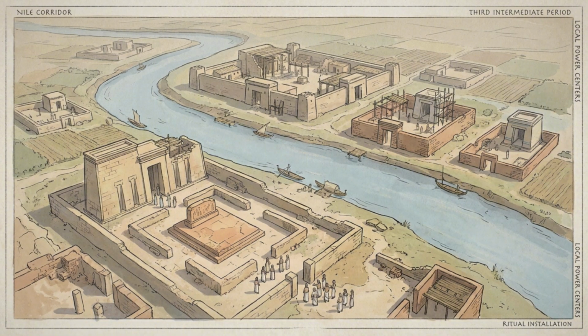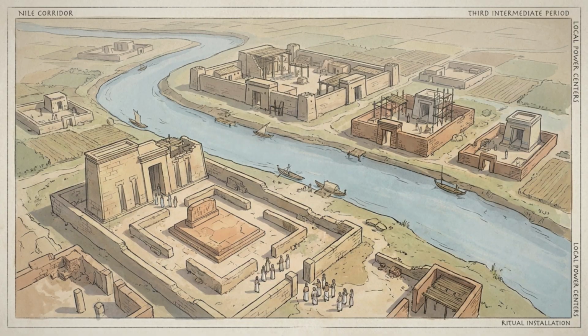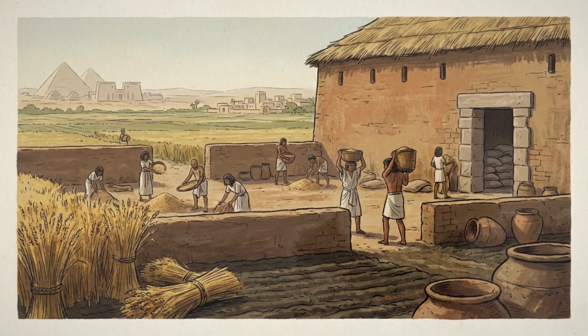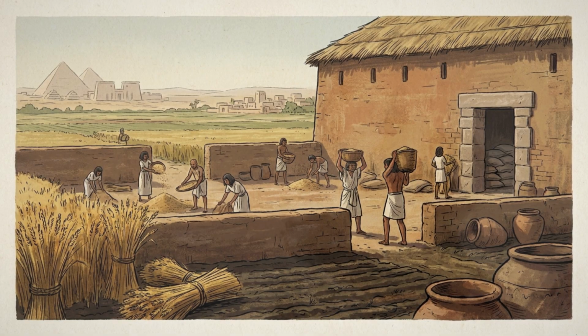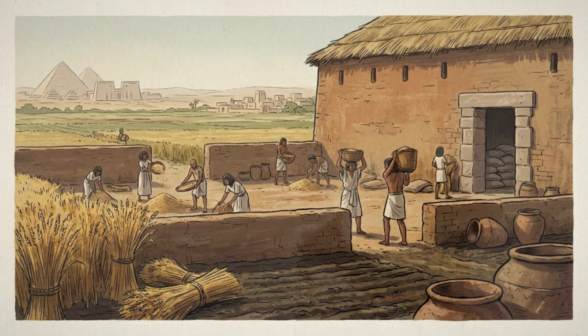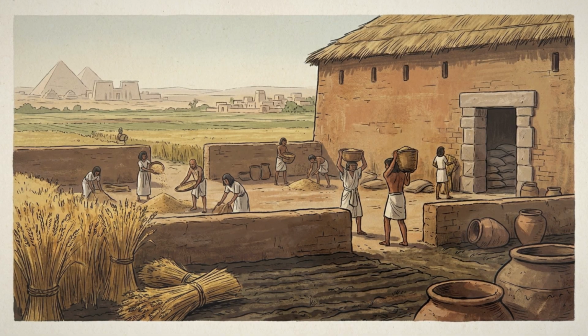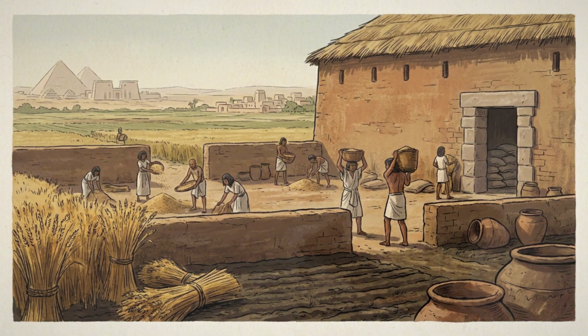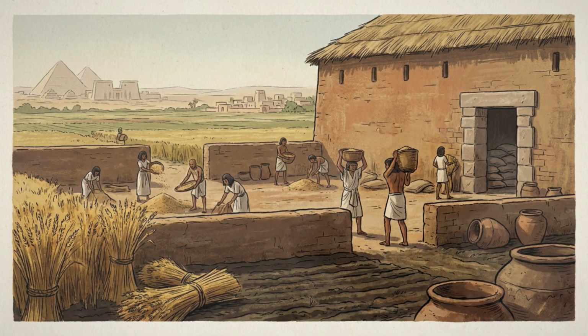Royal inscriptions from such periods must also be read carefully. They were created for particular political and religious purposes and can present idealized versions of power, victory, or legitimacy. Archaeology, settlement history, and material evidence provide other ways to see what changed and what continued.